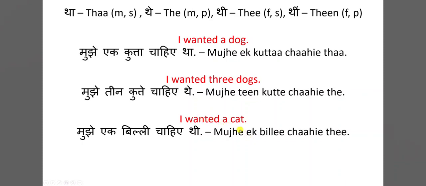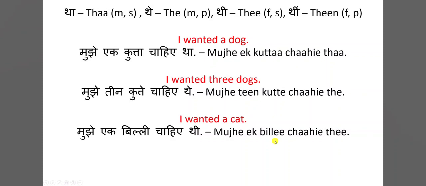Ek is a, cat is बिल्ली. If a male wants to say this sentence in Hindi, then he will have to say it like this. If a female wants to say this sentence, then she will have to say the same sentence without any change. The subject does not matter.